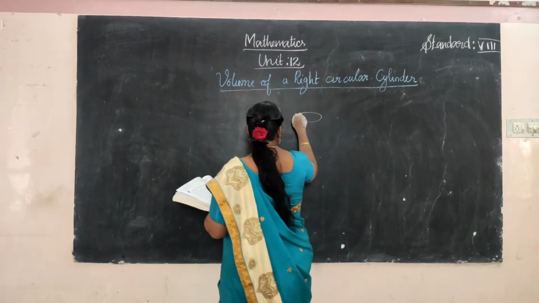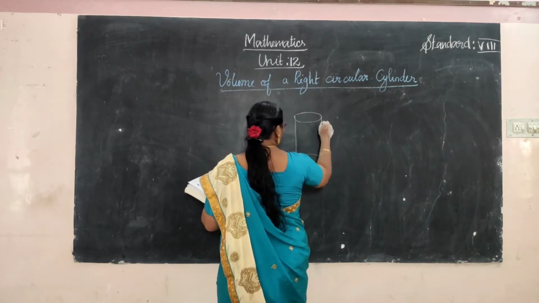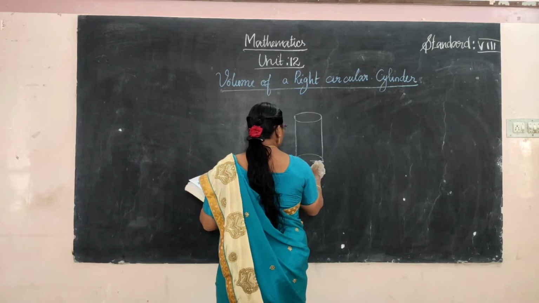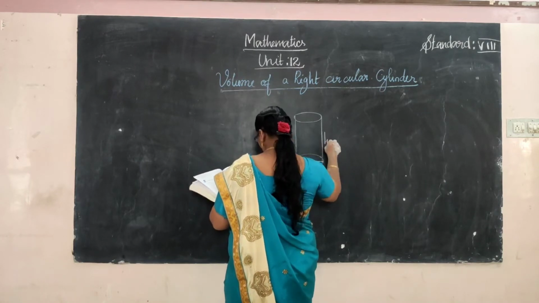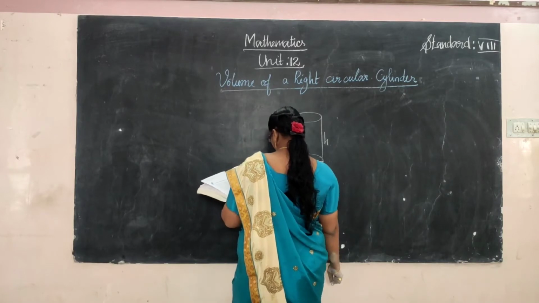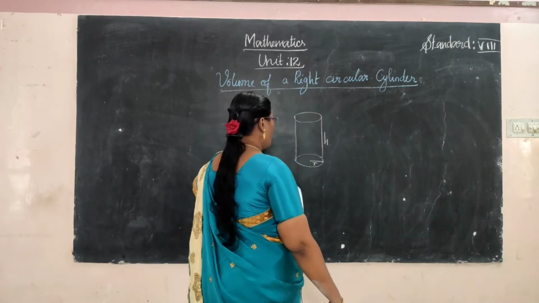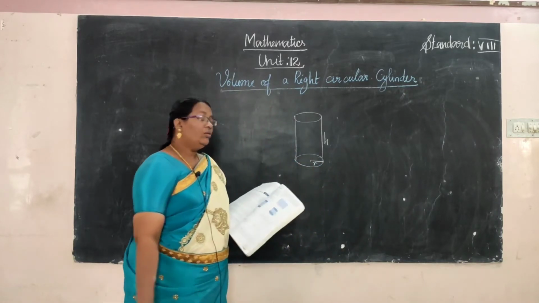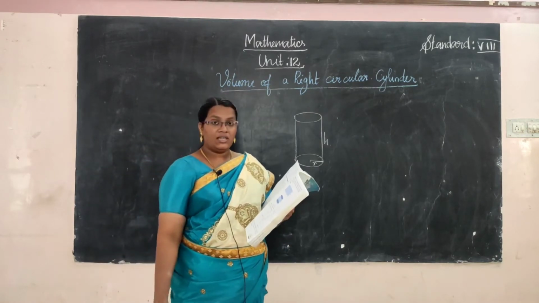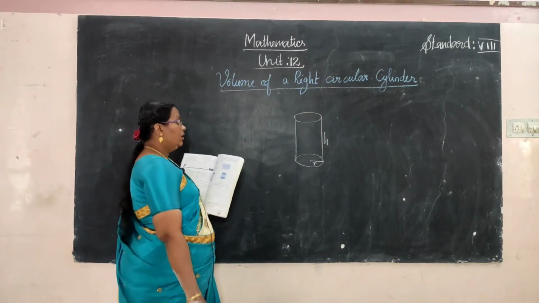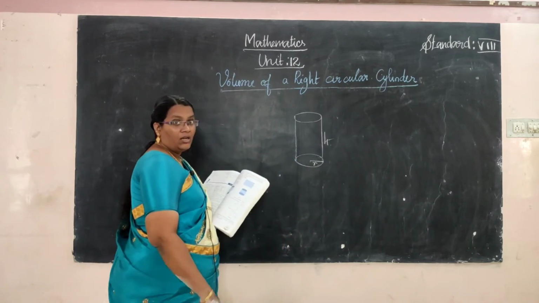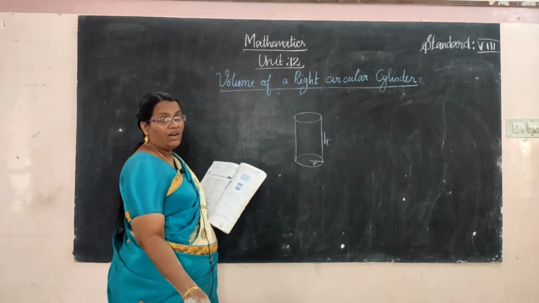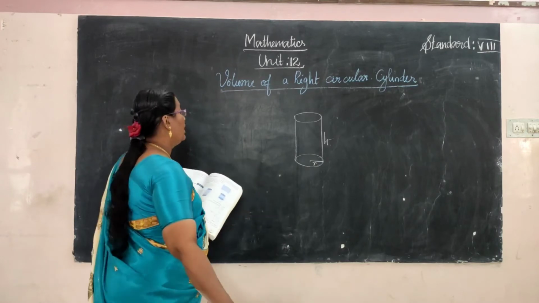This is the circle, this is the radius, and this is the height. We want to find the volume of the cylinder. We have the measurements, radius and height, and I already know the pi value is 22/7.